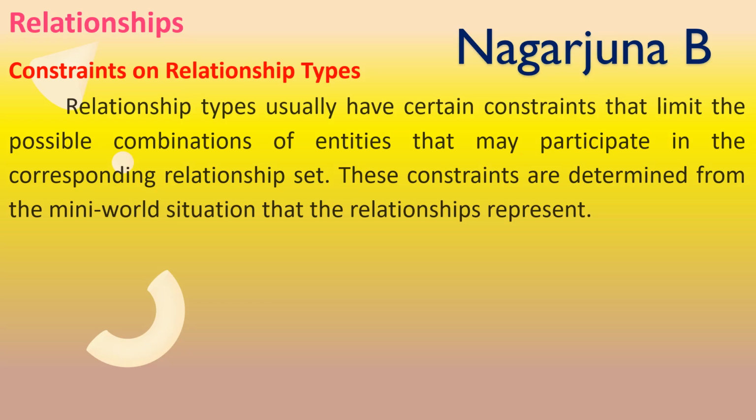Relationship types usually have certain constraints that limit the number of entities that may participate in the corresponding relationship set, and these constraints are determined from the mini world situation that the relationship represents. This depends upon how in reality the relationship exists. Based upon that, we define the constraints in a DBMS.